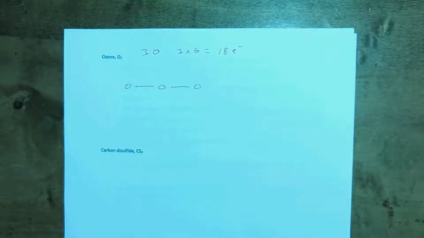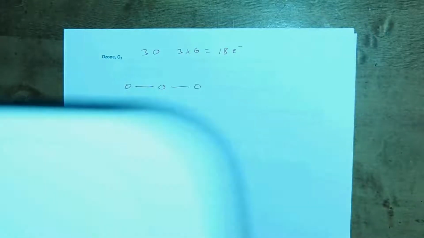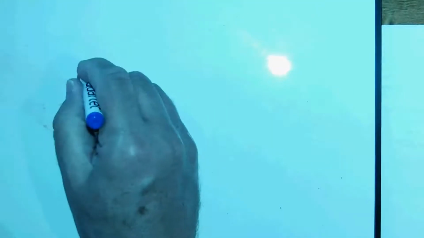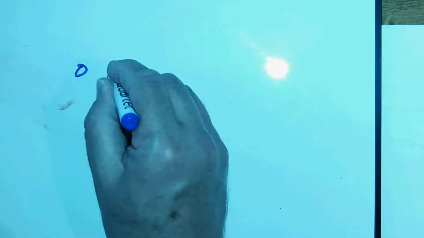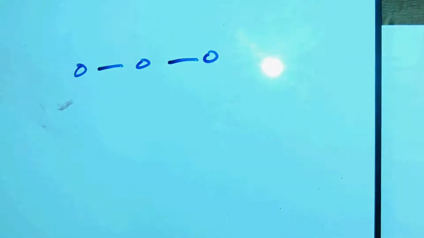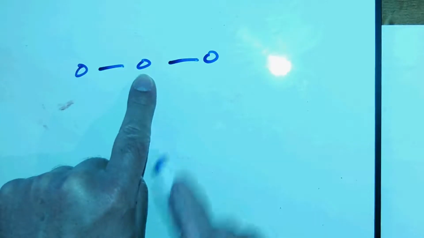And at this point, I'm going to the whiteboard. So for our ozone molecule, you have your oxygen to oxygen to oxygen. Outer atoms, he's an inner atom.